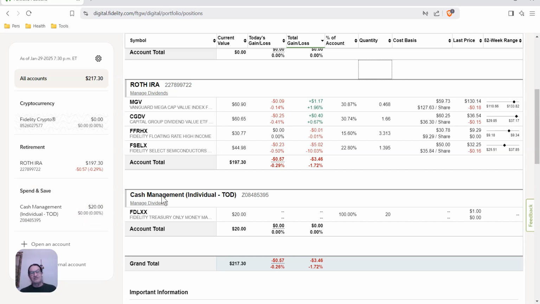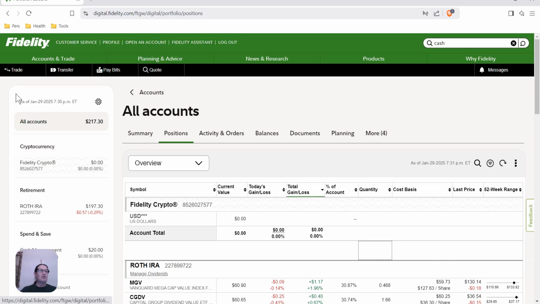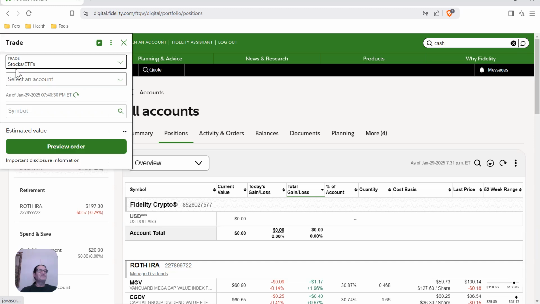Since this is the first time that you transfer money into your cash management account, it may actually take 7 business days. I know that's a long time, but it's the first time around, and the reason for this is verification purposes.